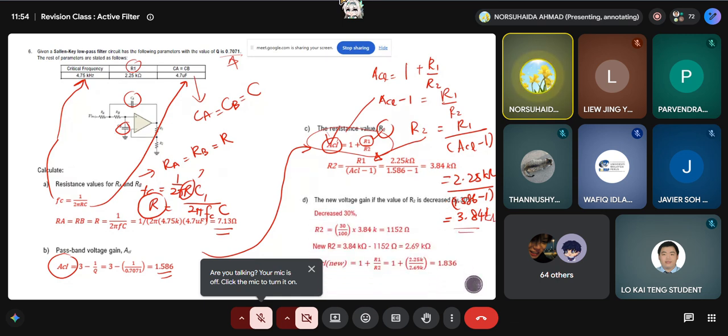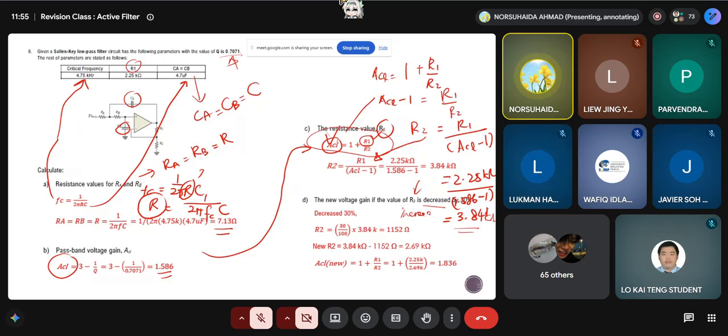So next is D, the new voltage gain if the value of R2 is decreased by 30%. Decrease means that you have to minus, okay? Decrease and increase. Decrease is minus or lower the value. If increase, meaning that you have to up the value. So for this case, decrease, so we have to make sure that our new value of R2 is decreased by 30%.